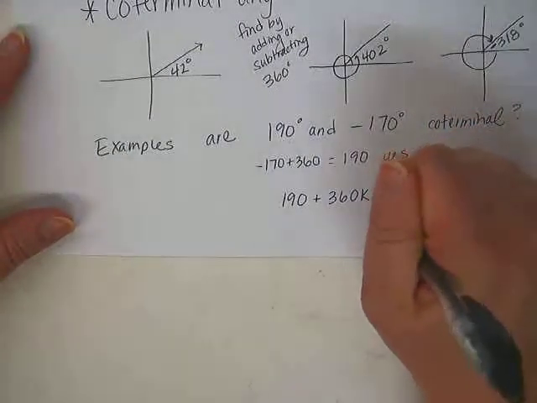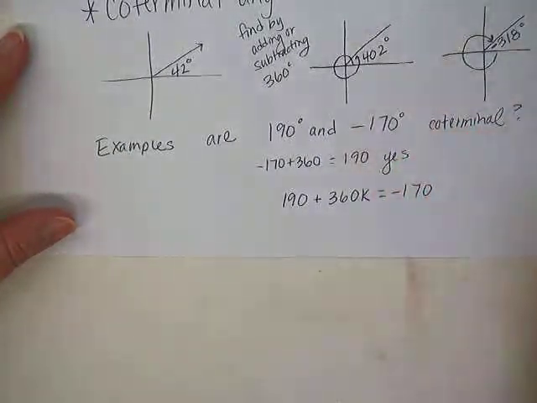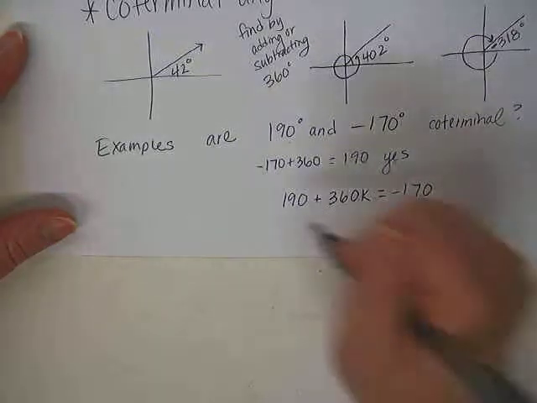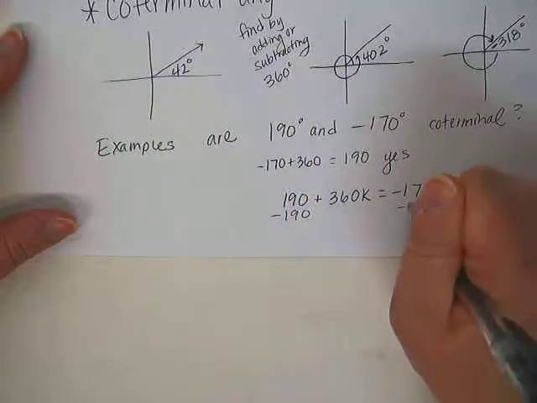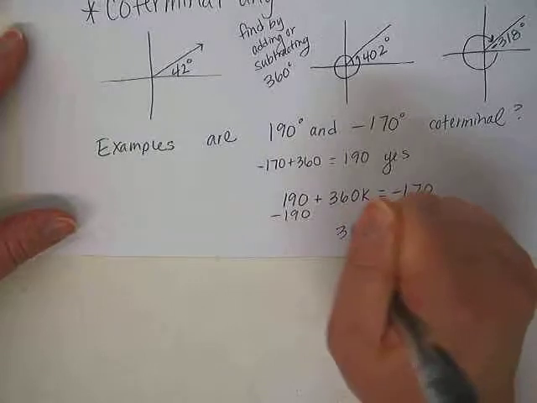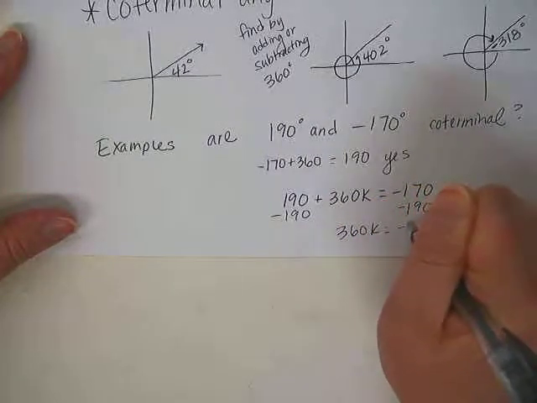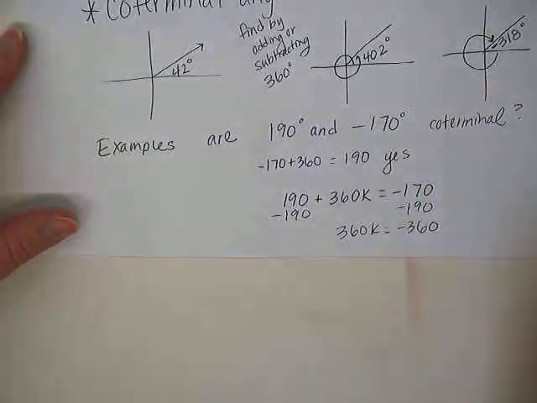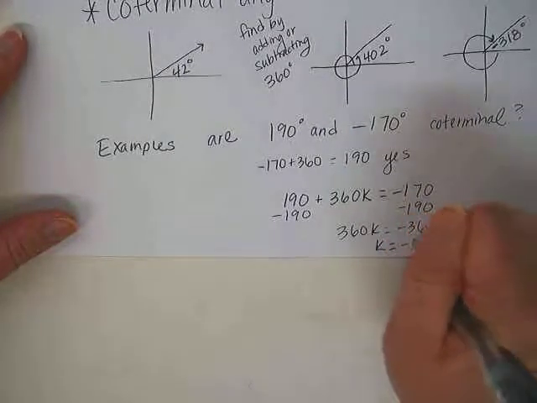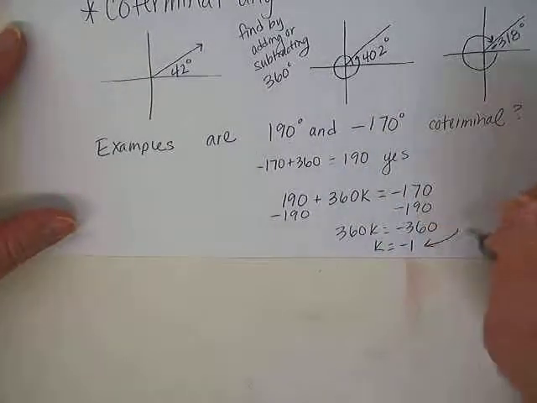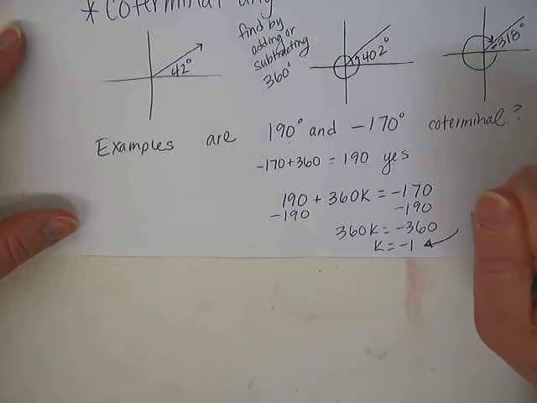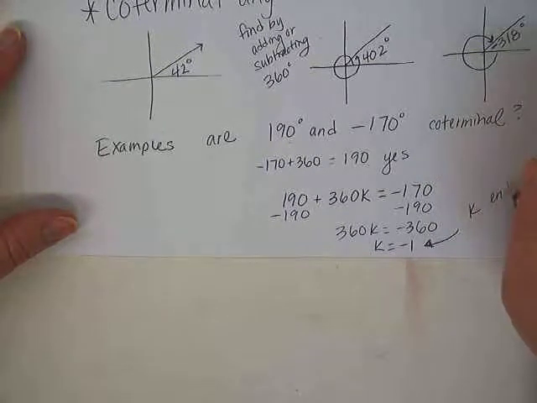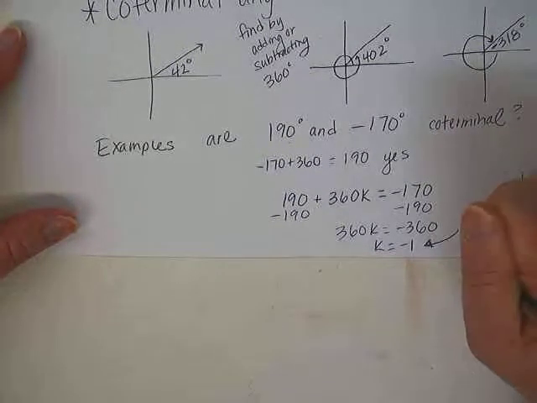But if k was a negative 1, you would end up adding a negative 360. So if we want that to be negative 170, now let's solve for k. Subtract your 190 from both sides. So you get 360k equals negative 360. So what does k equal? Negative 1.